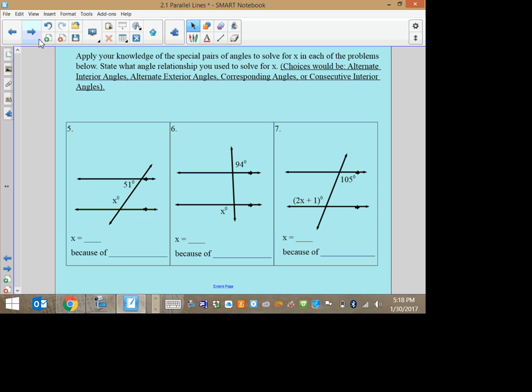So now we're going to apply some knowledge to solve for x. So here we have consecutive interior angles. So those are going to be supplements.